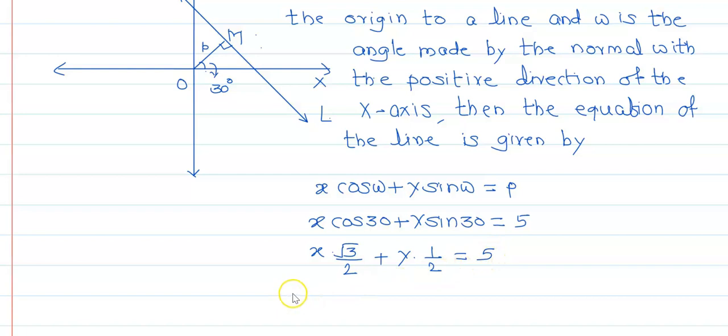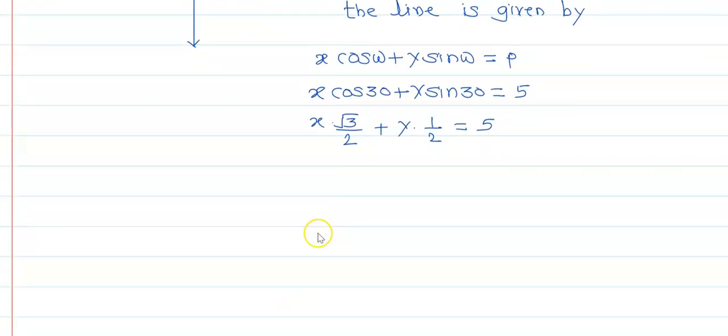Now multiply on both sides by 2, and therefore you will get root 3 x plus y equals 2 into 5, that is 10. Therefore the required equation is root 3 x plus y equals 10.